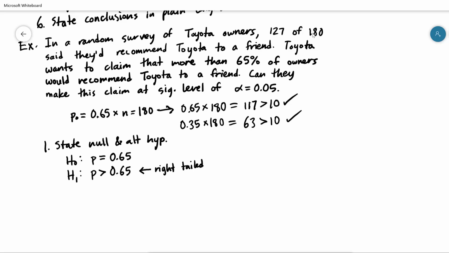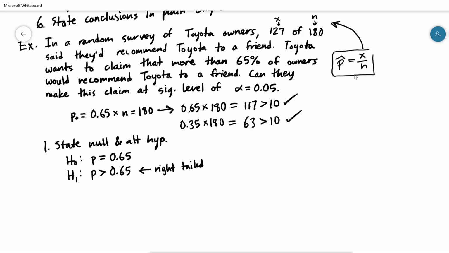So this ratio, the 127 over 180, we're going to compute that in a minute. This is our value of x, the 127, and this is our value of n, the 180. And p hat, as you'll recall, I'll write over here on the side, is x over n. So this is the number that we're going to get from that data in just a minute.